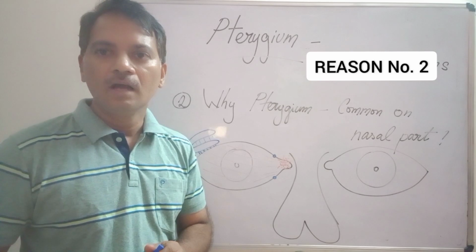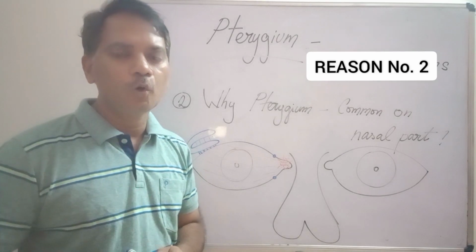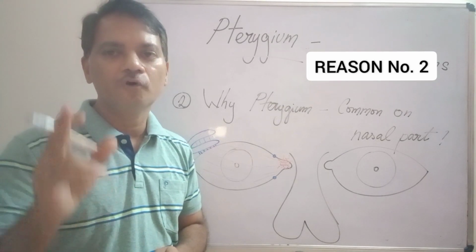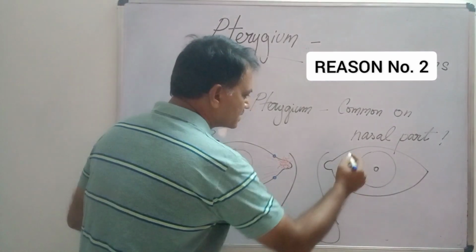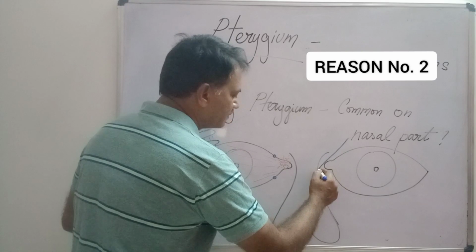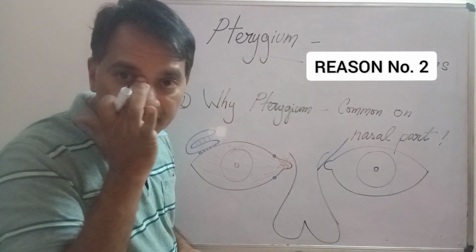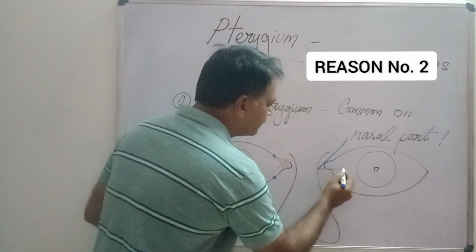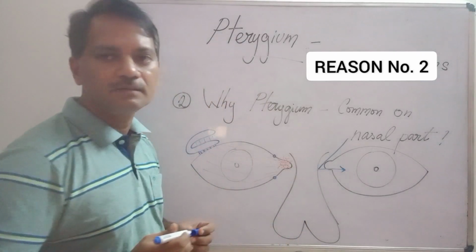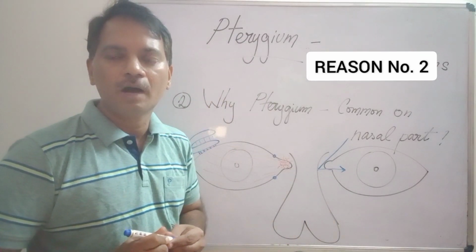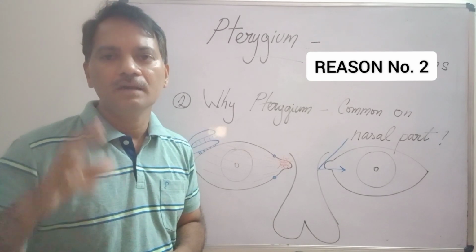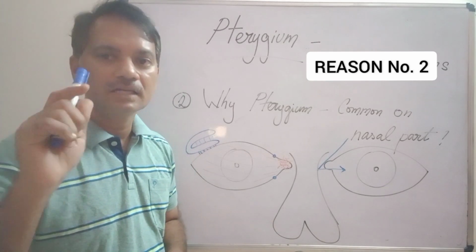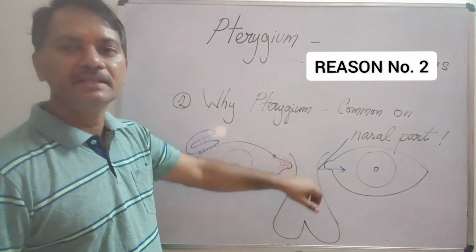But there is an additional load of ultraviolet rays that is falling on the nasal conjunctiva, that is being reflected. Suppose the ultraviolet rays are coming and falling on the nasal bridge here, that will be reflected towards the nasal bulbar conjunctiva.